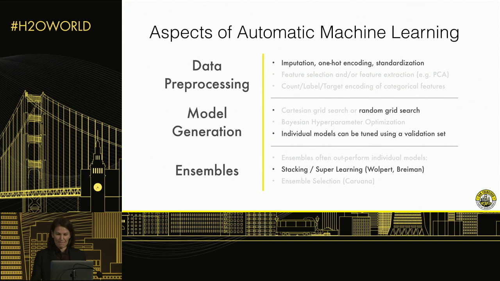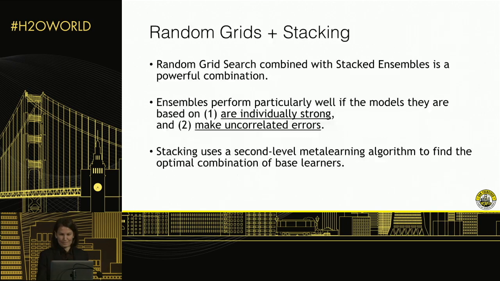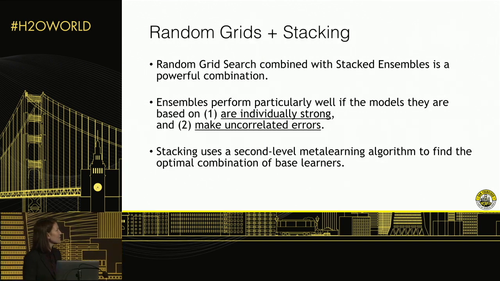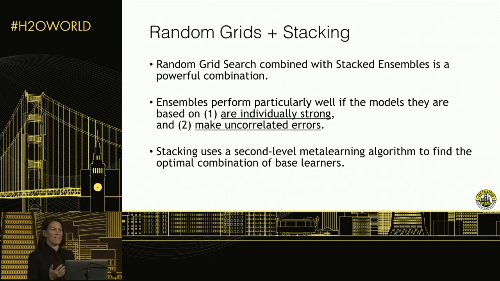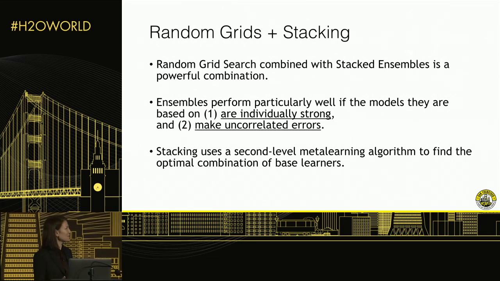And then the way that we go about producing a good model is that we apply a random grid search to a bunch of different types of models, and then we ensemble them together into one, either one big ensemble or a more lightweight ensemble where it's just a subset of the models. So why do we choose this approach? One honest answer is that we have all this stuff already in H2O, so we build on top of what we already have.